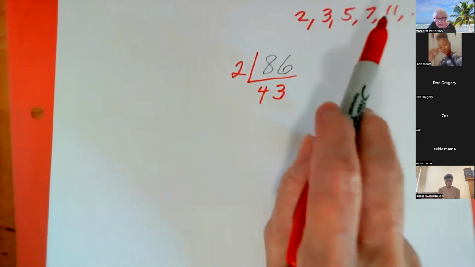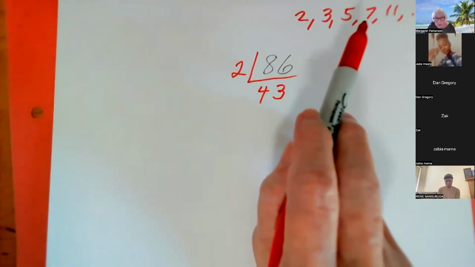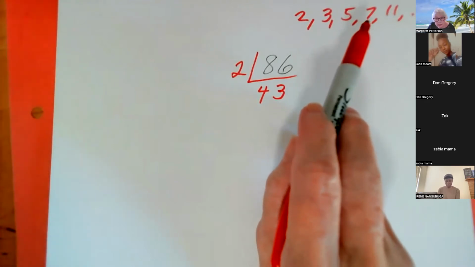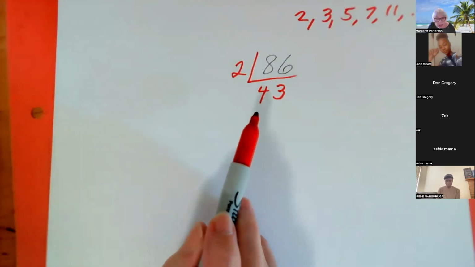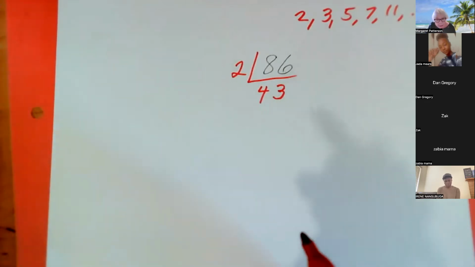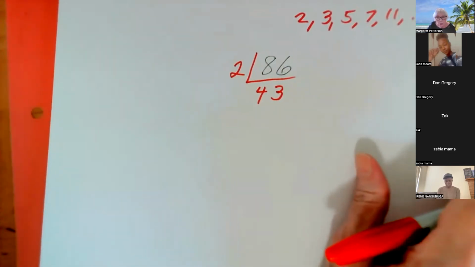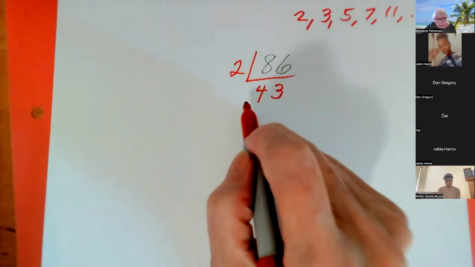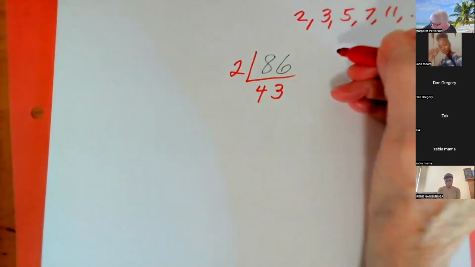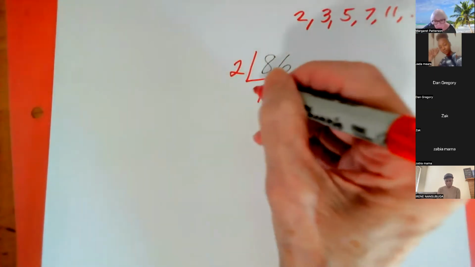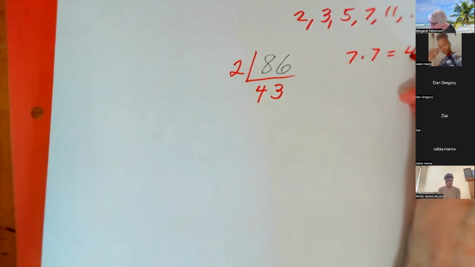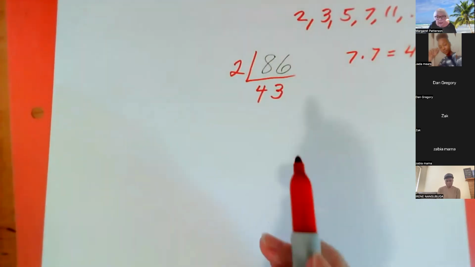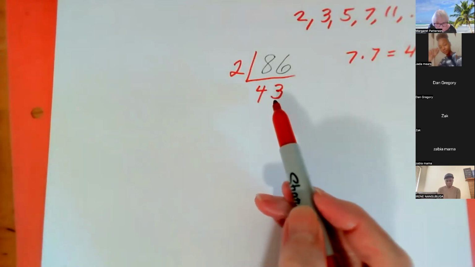And we can look at 7, although we really don't have to. Is there any multiple of 7 that comes out to be 43? And the answer is no. The worst case scenario is 7 times 7, which is 49, and our number is only 43.